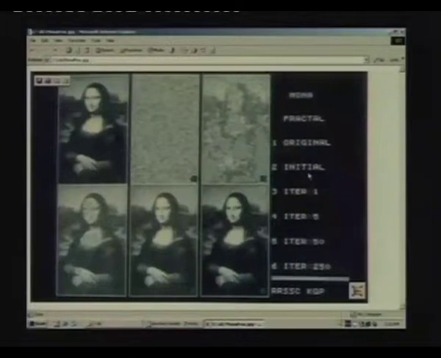See, here is the image of you know who, Mona Lisa, and that image was codified here in IIT Kharagpur. You start from any arbitrary image, in this case a random image, and this is after the first iteration, this is after 5 iterations, this is after 50 iterations, this is after 250 iterations, you get the image back.